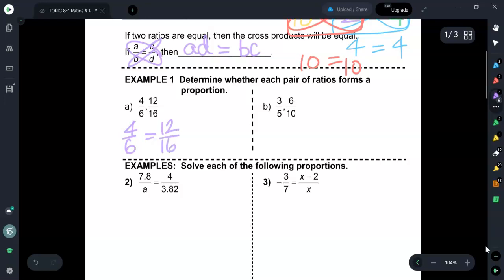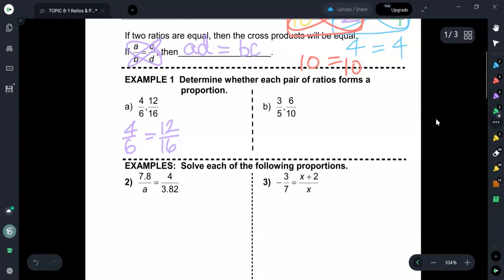Let's try cross multiplying. Now, there is a shorter way. If you feel so inclined, you can reduce these fractions before you cross multiply them to give you smaller numbers to compare. Does it mean that you're going to get a different answer? No, they will either still be equal or they won't be. I'll show you the reducing in a minute, but let's just do it without the reducing.